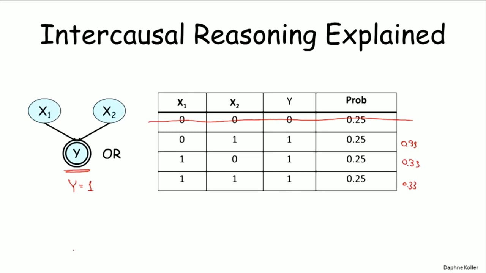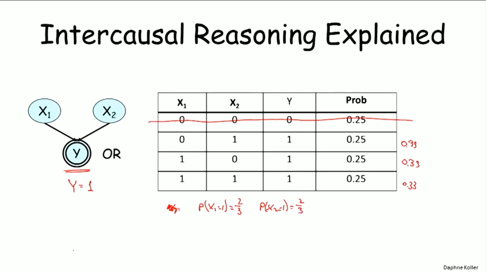Okay? Why is that? Because if I now condition on, say, x1 equals 0, then, okay, so actually before we do that, in this probability distribution, the probability of x1 equals 1 is equal to 2/3, and the probability of x2 equals 1 is also equal to 2/3. Okay?